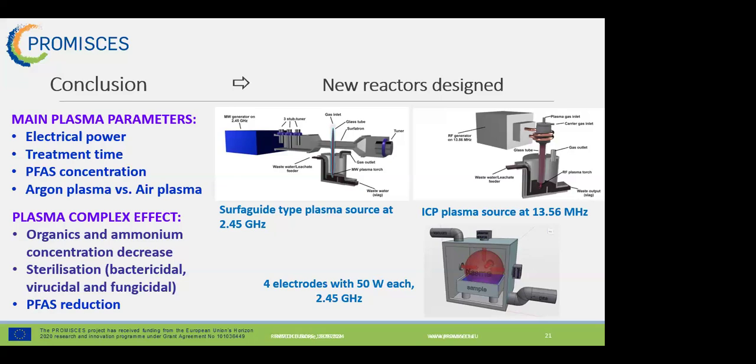As for the treatment time, it seems that when the PFAS concentration is higher, the plasma works better, and that we can use argon plasma instead of air plasma. Because of this, we have designed 3 new reactors, and I hope at least one of these will be ready by the end of the month.